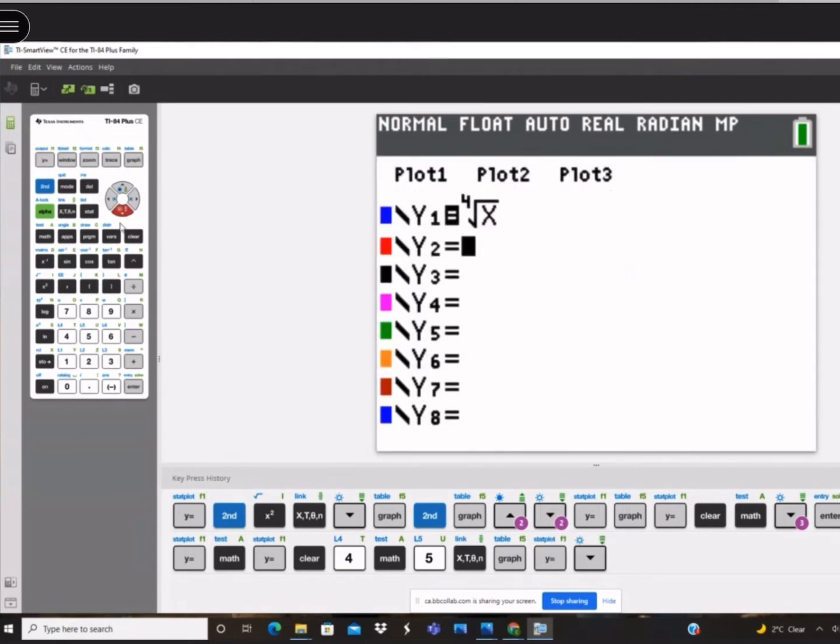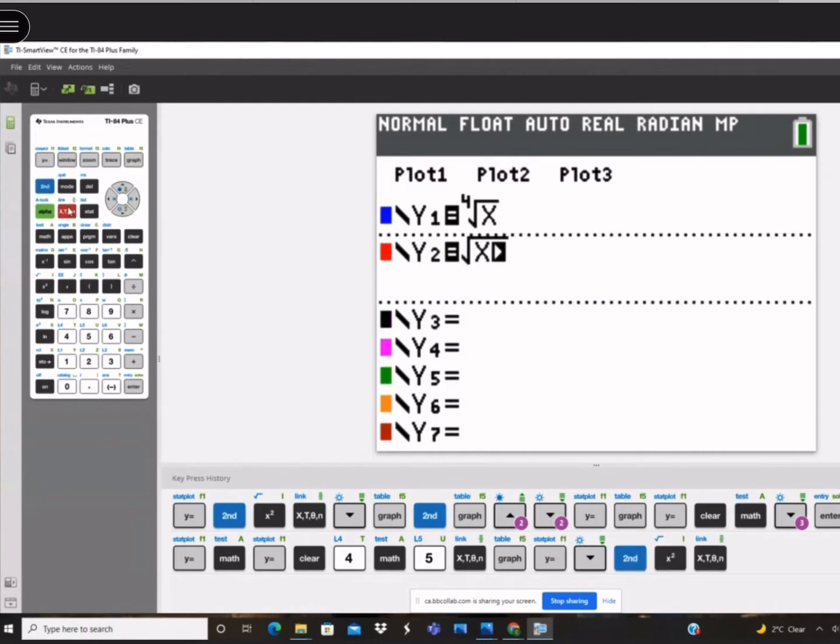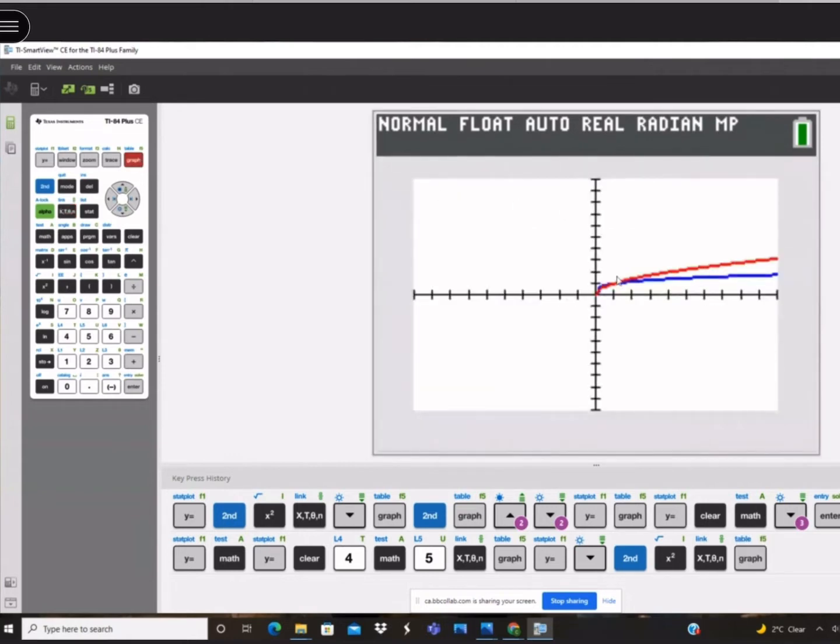So if we graph them both, second function, root x, our red graph is going to be the original square root of x, where the fourth root of x is going to be the blue graph. When you compare these two, the square root of x will increase at a faster rate or more steeply, while the fourth root of x has a more gradual increase when you trace it from left to right.